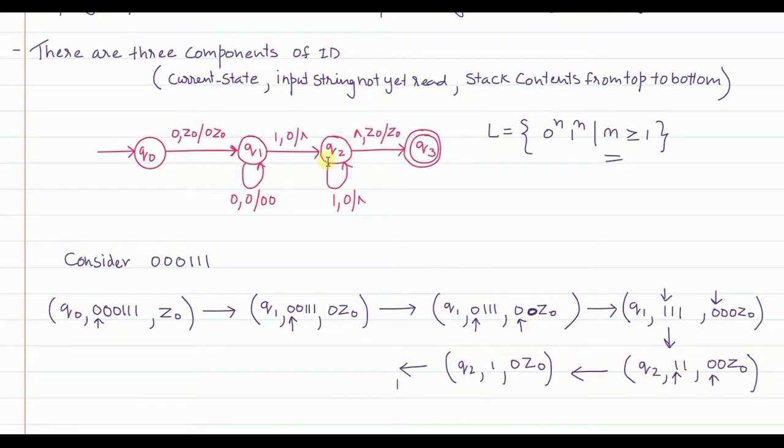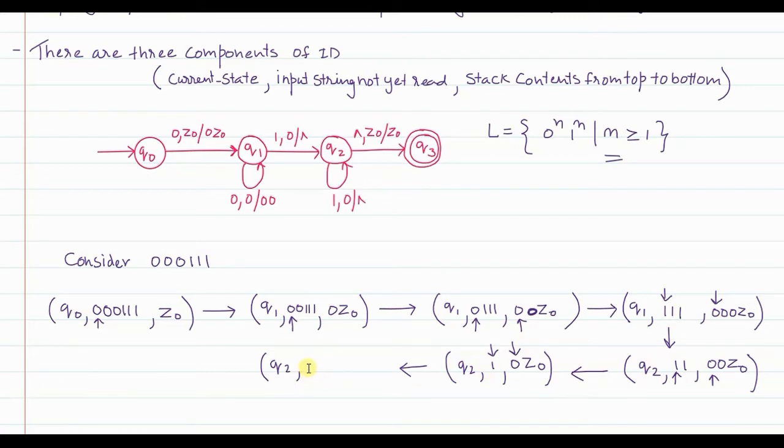Now you are in Q2 state. In Q2 state, when 1 is encountered as the input symbol and the topmost element of the stack is 0, again that 0 is popped out and you remain in Q2 state only. After consuming this single 1 that was remaining, there won't be anything else remaining to be read.